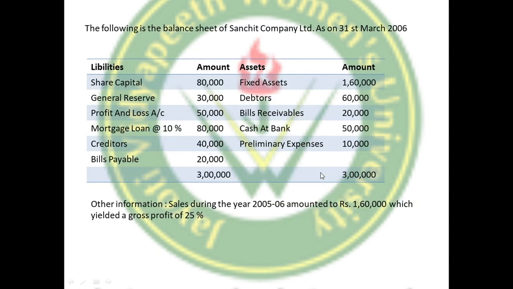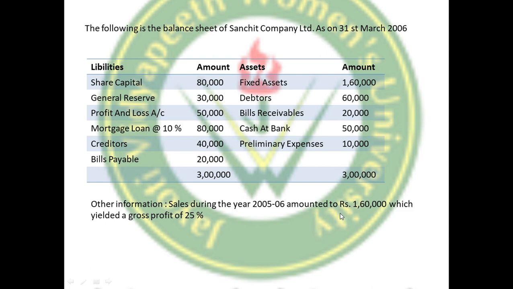Cost of goods sold, how will we calculate it? The sales is given here as 1,60,000 and the gross profit is 25%. We just have to calculate this 25% and then subtract it from the total sales. So to calculate gross profit, we take 25% of 1,60,000.